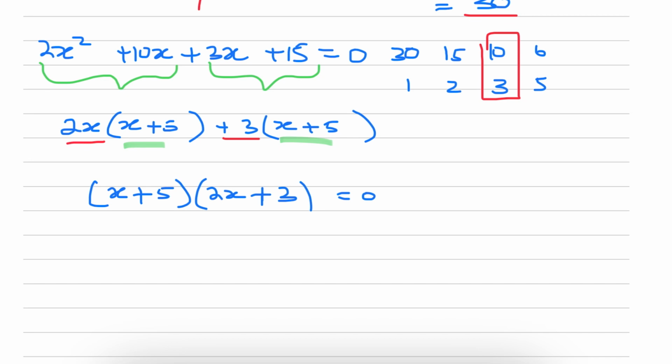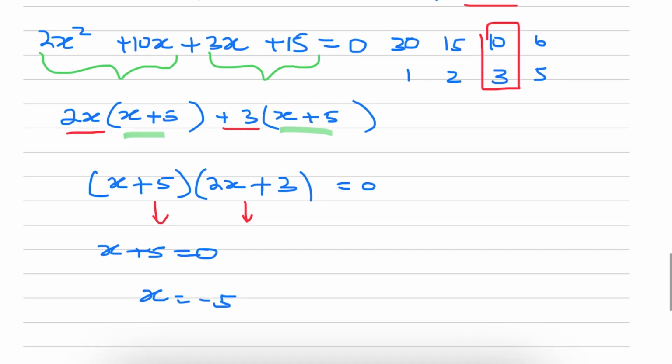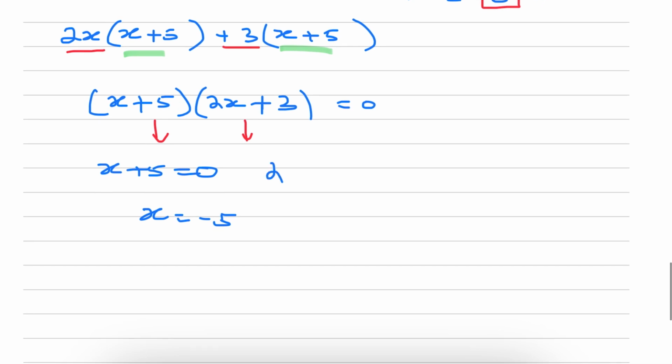Okay, now what we can do is set each bracket equal to 0 and then solve the equation from there. So if x plus 5 is equal to 0, then this means that x is equal to -5. Alright, and if 2x plus 3 is equal to 0, then it means that 2x is equal to -3 and x is equal to -3 divided by 2.